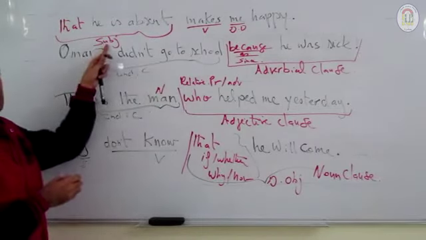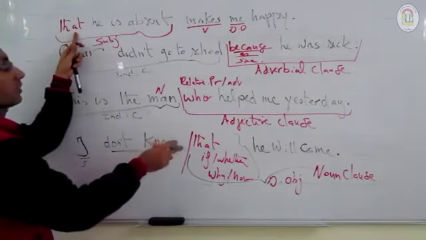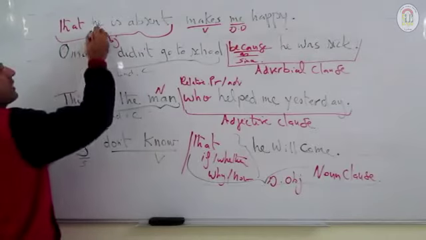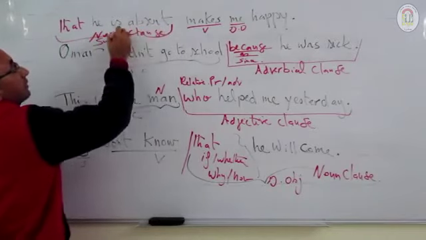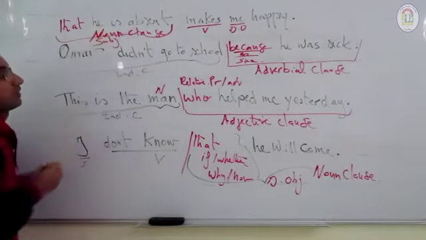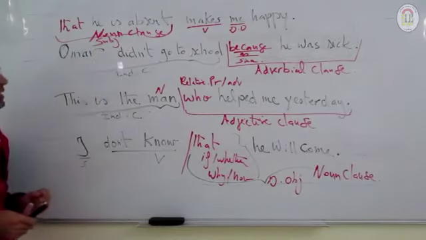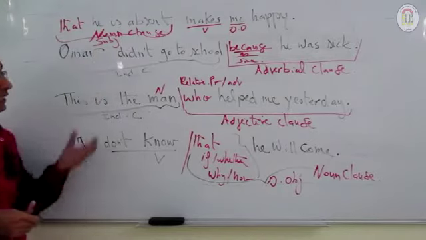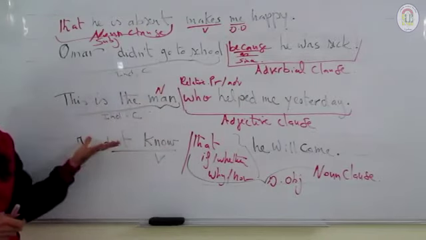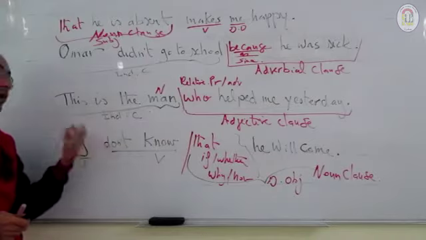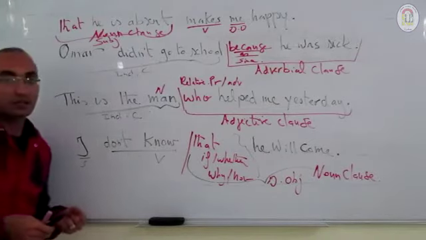So as it is a subject, and as it starts with that, this clause is my noun clause, which acts here only as a subject. And here we are now with the three types with the different cases, within either the complex or even inside the compound complex sentence also.